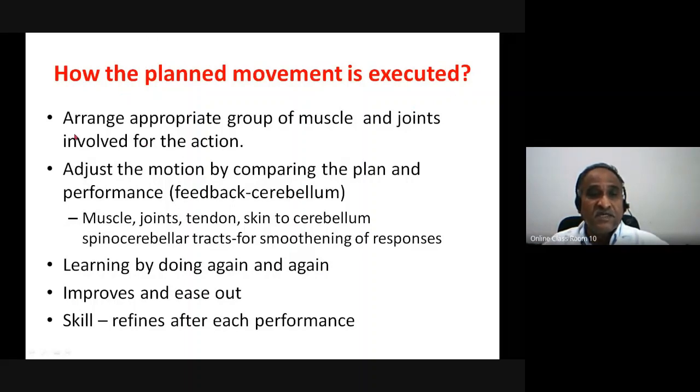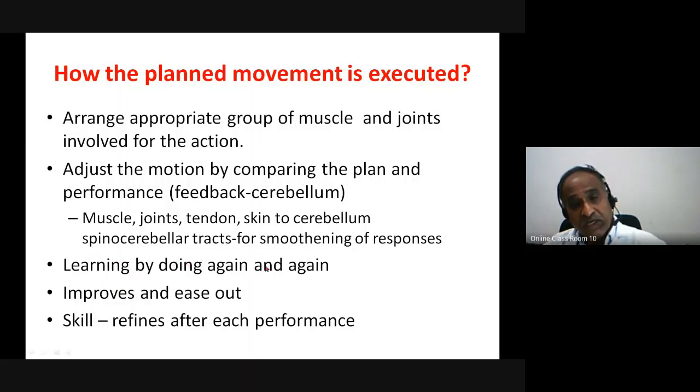So now, just briefly, arrange the appropriate group of muscles and joints involved in the action. Adjust the motion by comparing the plan and performance by a feedback circuit through the cerebellum. That means the muscles, joints, tendons and skin send proprioceptive inputs to the cerebellum through the spinocerebellar tracts and smoothen the responses.